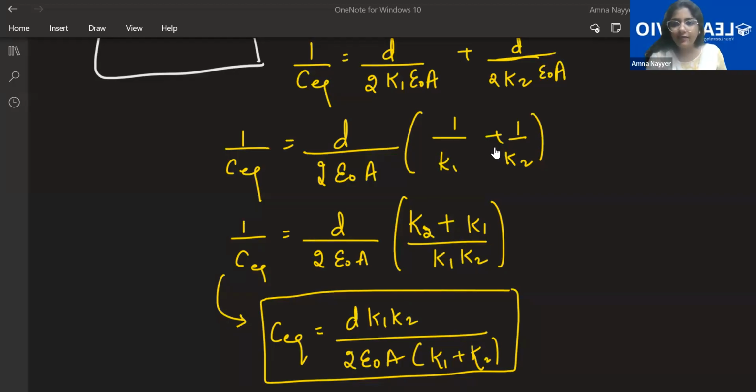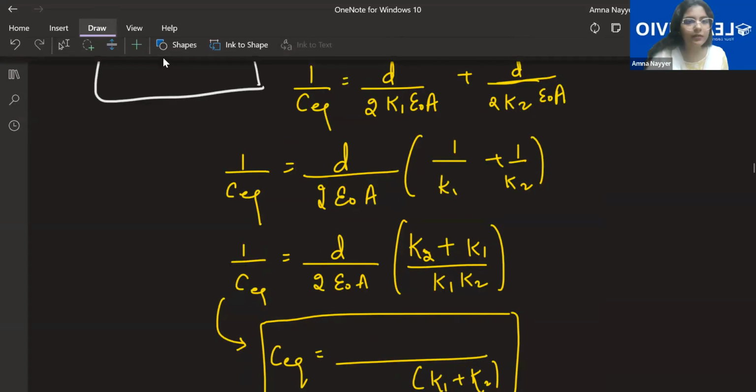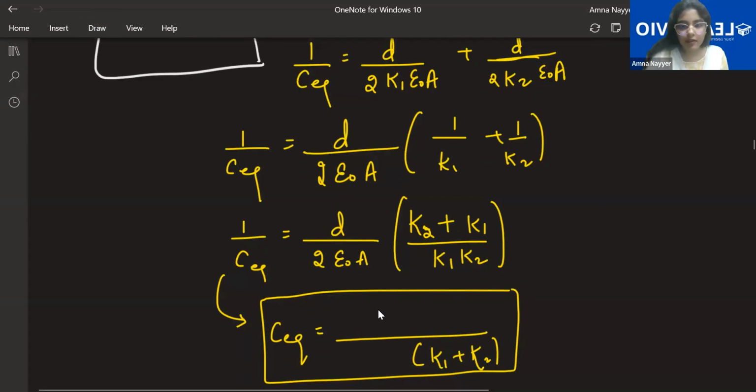Okay, see, when we took the LCM here, K1 into K2 was there. Okay, I've written it opposite. This must be the confusion. It will be 2 epsilon naught A by D. Just wait. 2 epsilon naught A, because we have K1 and K2 with this, no?